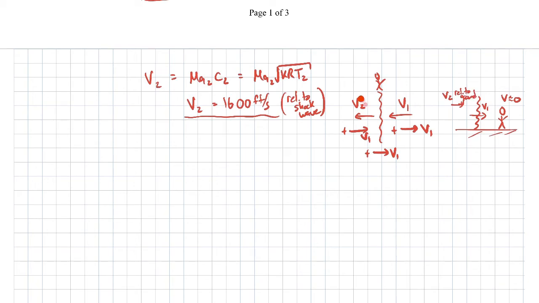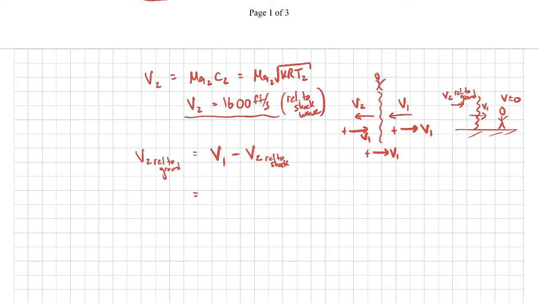So what we do is we take this V2 and then we add in the V1, and they're in opposite directions. So to get V2 relative to the ground, it'll be the V1, which is this, and then subtract V2 relative to shock. So what did we say?